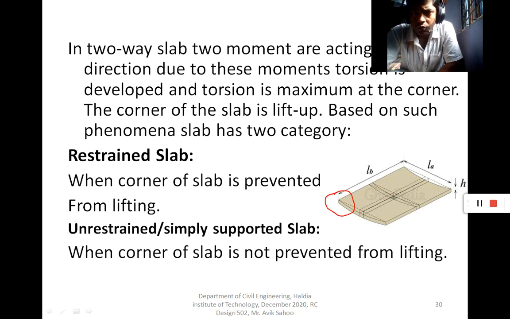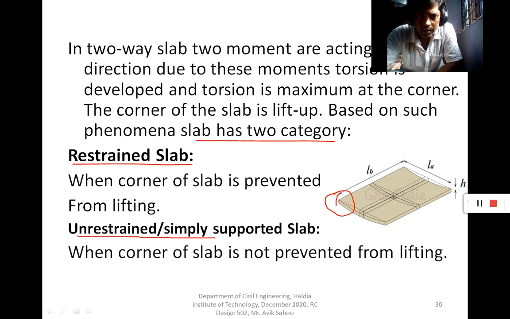Now due to this torsion, the corner will lift up. So based on such phenomena, two types of slab are considered based on the lifting of the corners. The 2-way slab has two categories: one is restrained slab and another is unrestrained or simply supported slab.